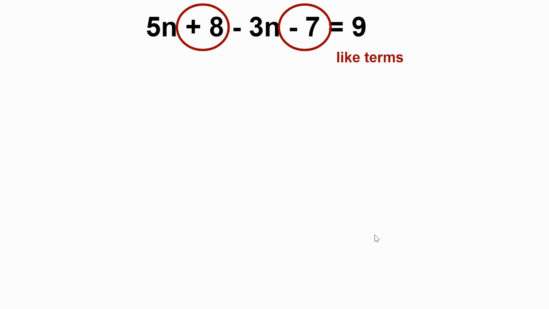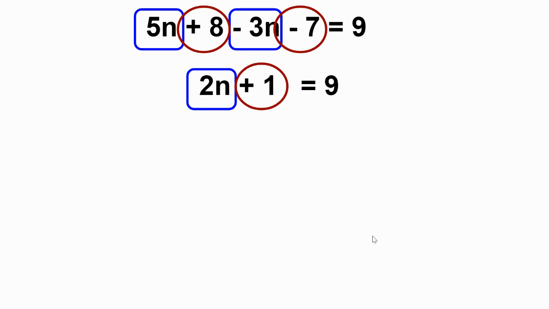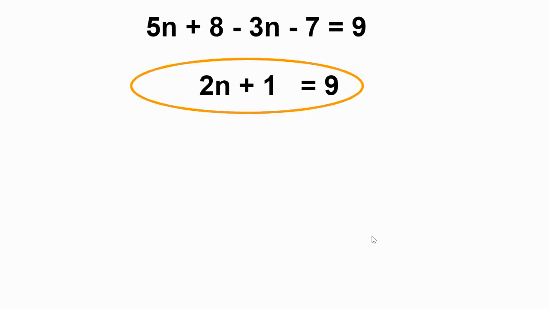So now when I combine these, I can combine the 5n and the minus 3n to 2n. And I can combine the positive 8 and the negative 7. The 8 minus 7. Well, 8 minus 7 is 1. So there's my plus 1. And I still equal negative 9. And now look at my equation. So much simpler to look at.